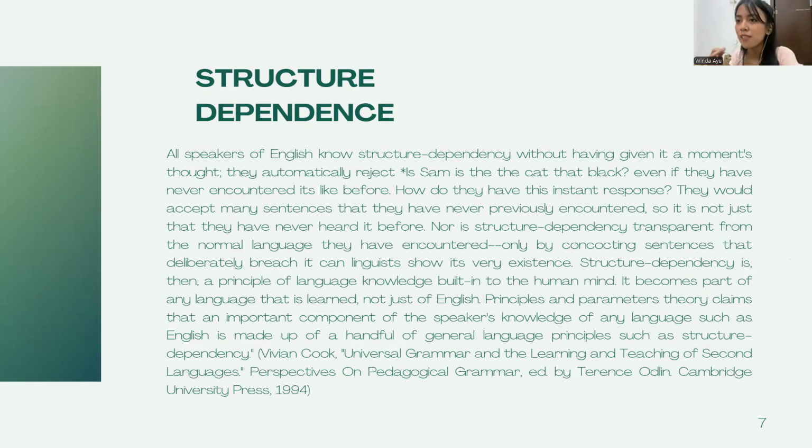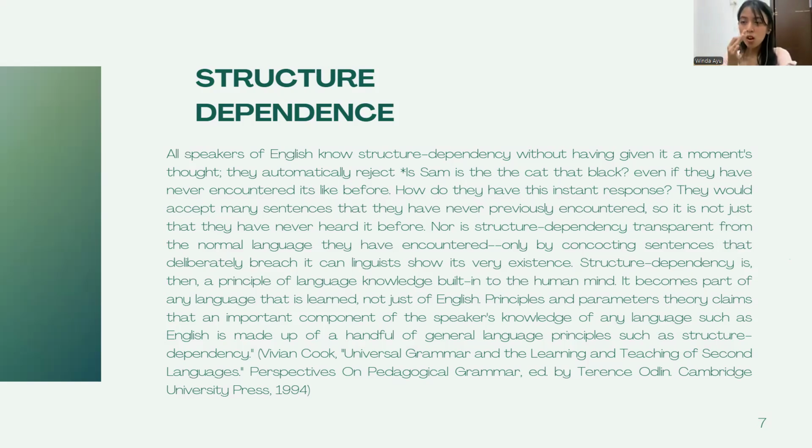How do they have this instant response? They will process many sentences that they have never previously encountered. So it's not just that they have never heard it before, nor is structure dependency transparent from the normal language they have encountered.